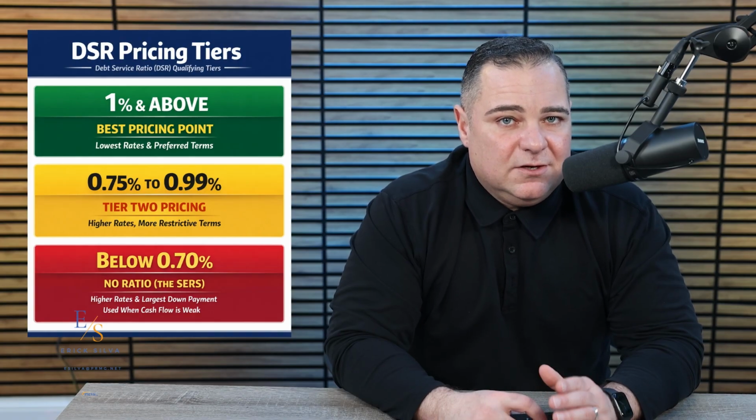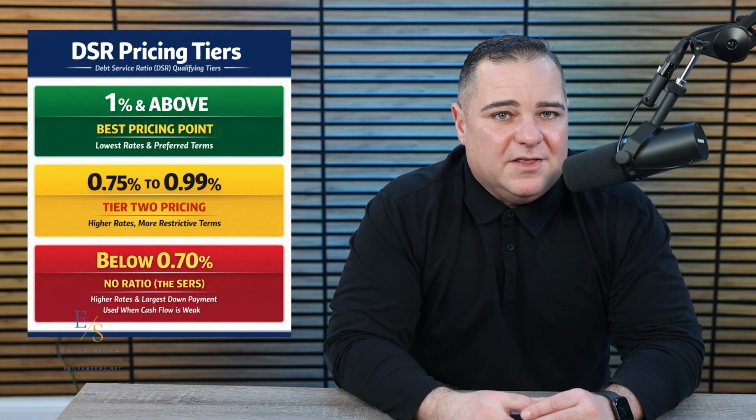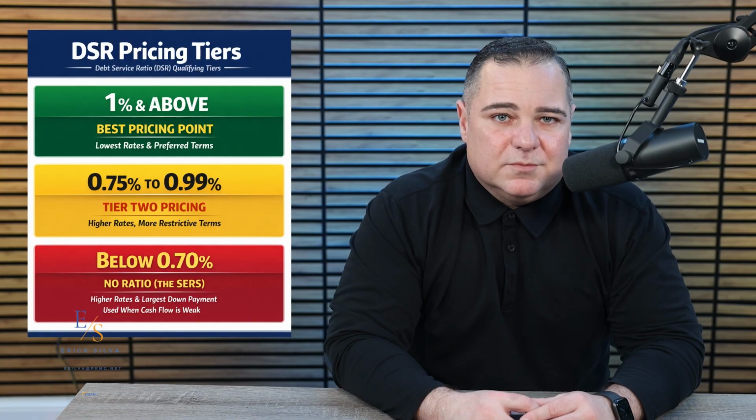So yes, DSCR loans don't require traditional income documentation, but the numbers still matter. The better the DSCR, the better the terms. This is why DSCR loans are easier to qualify for, but not always cheaper. You're paying for flexibility, speed, and ability to scale.